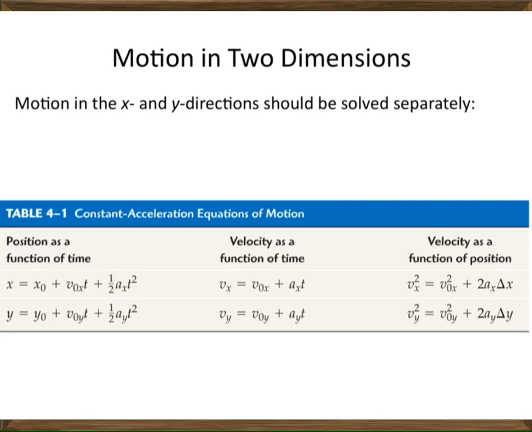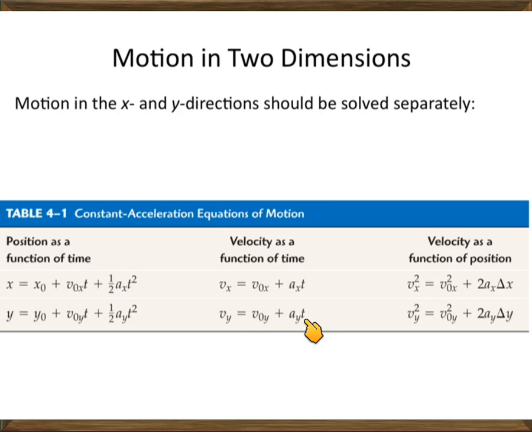If you are interested in knowing the change in the velocity as a function of time, then this time we are going to use these expressions. In x, remember, vx is equal to v0x, the initial velocity, plus the x component of the acceleration times t. If you need to find the y component of the velocity, you will use a different formula.